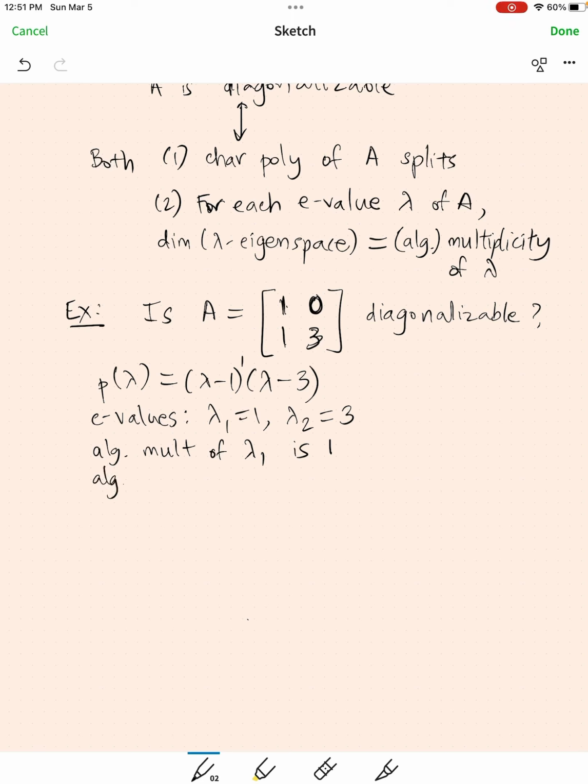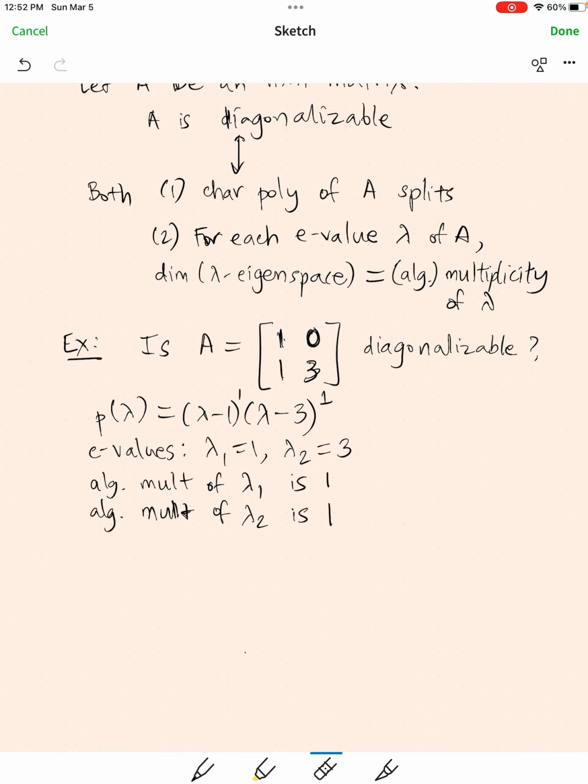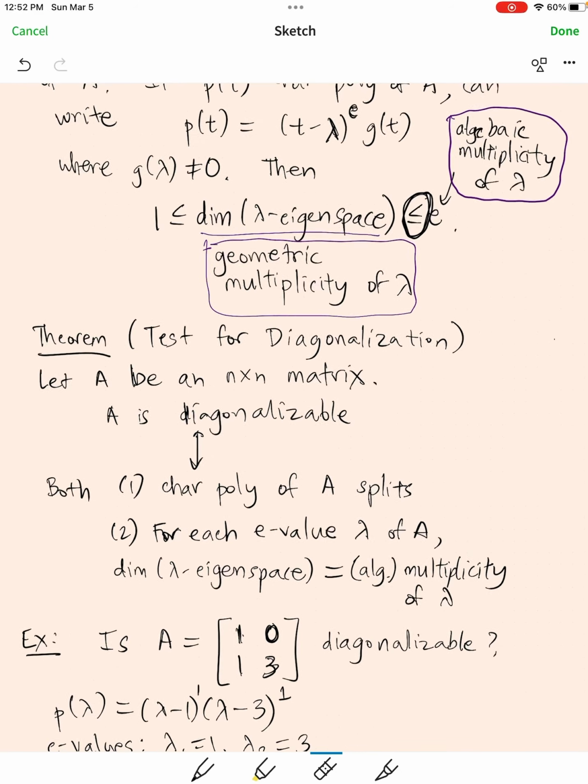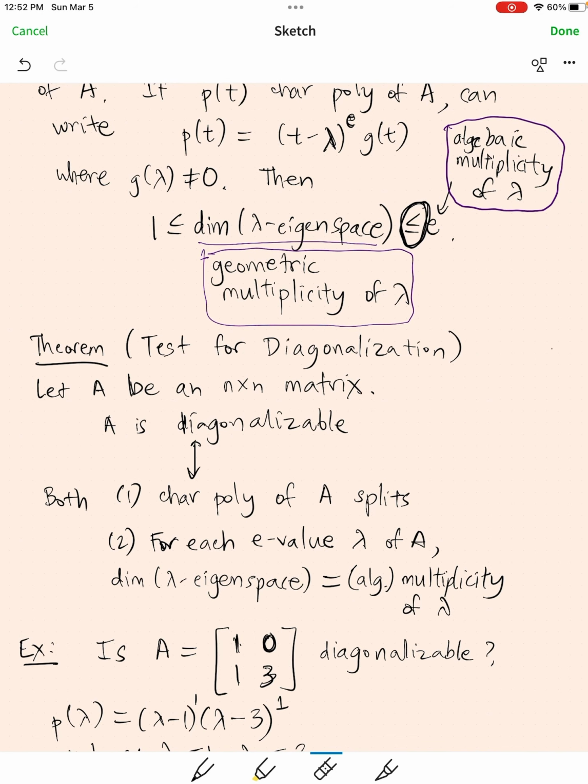And the algebraic multiplicity of lambda 2 is also 1 because this is lambda minus 3 to the power of 1. Now, there's a general fact that the geometric multiplicity is less than or equal to the algebraic multiplicity.